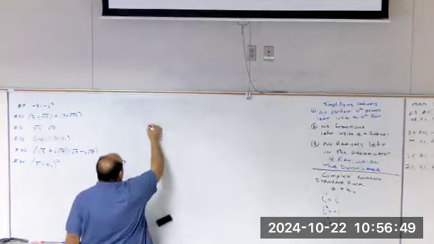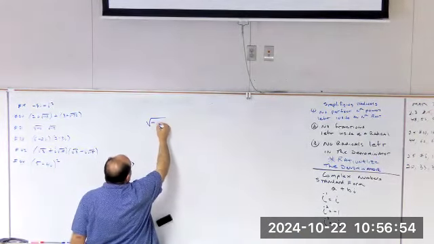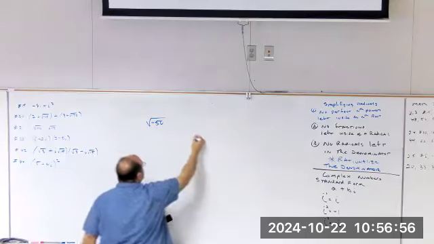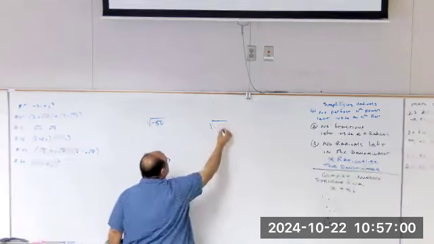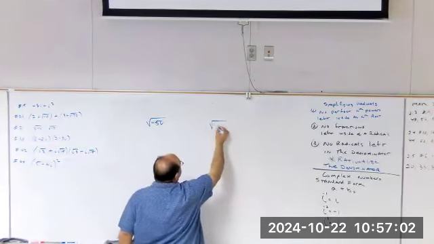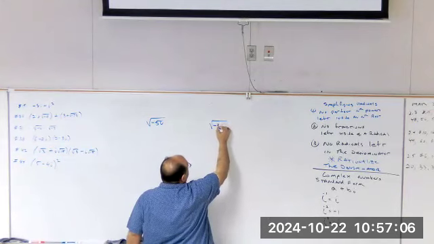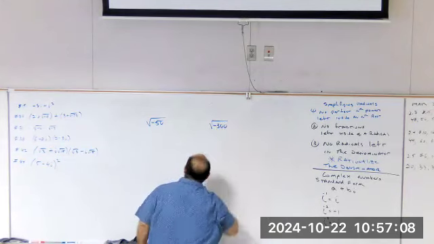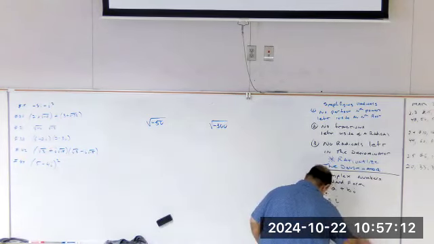Let's use the square root of negative 50 versus the square root of negative 300, I guess. Step 1, poke out the i. Or poke the i.